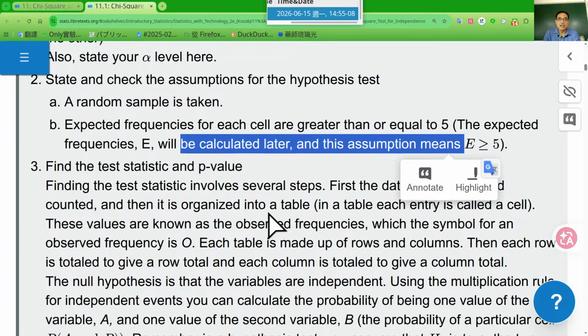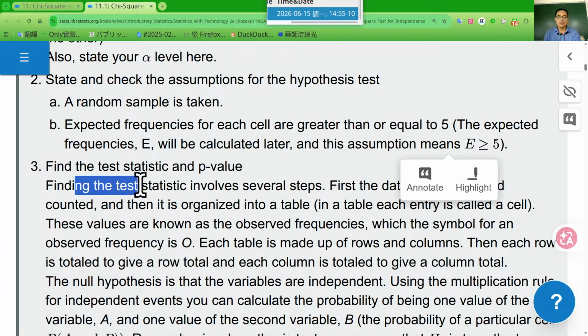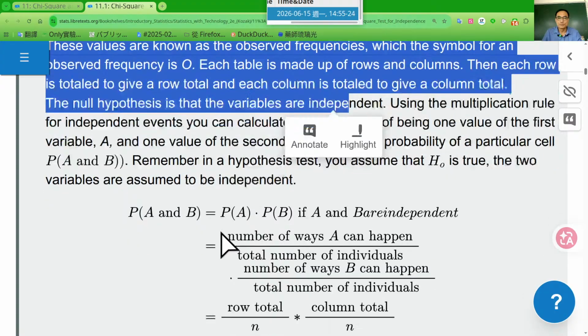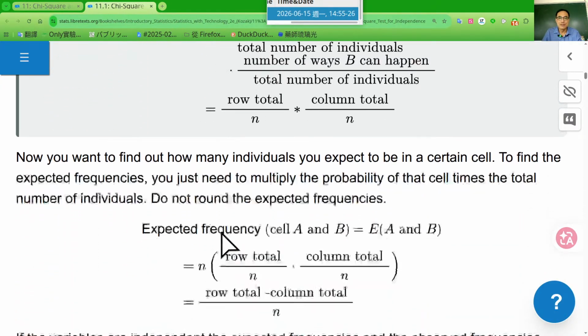Find the test statistic and p-value. Finding the test statistic involves several steps. First, the data is collected and counted, and then it is organized into a table. Okay, let's move on. Like this one.